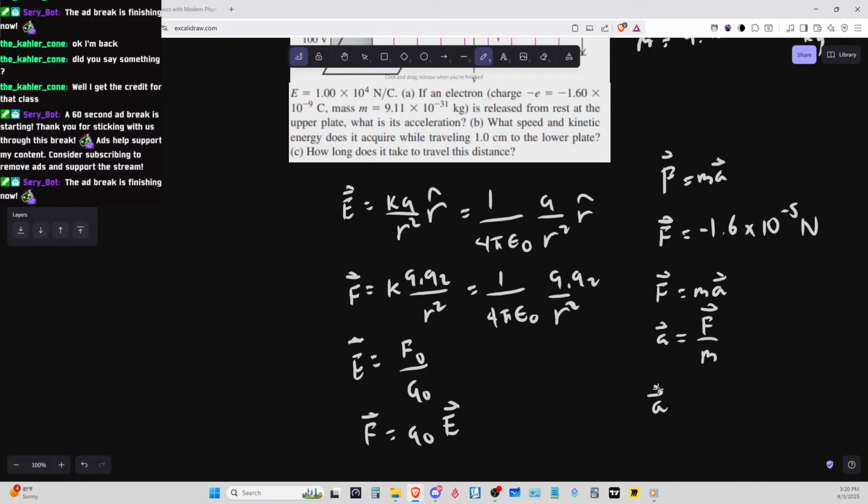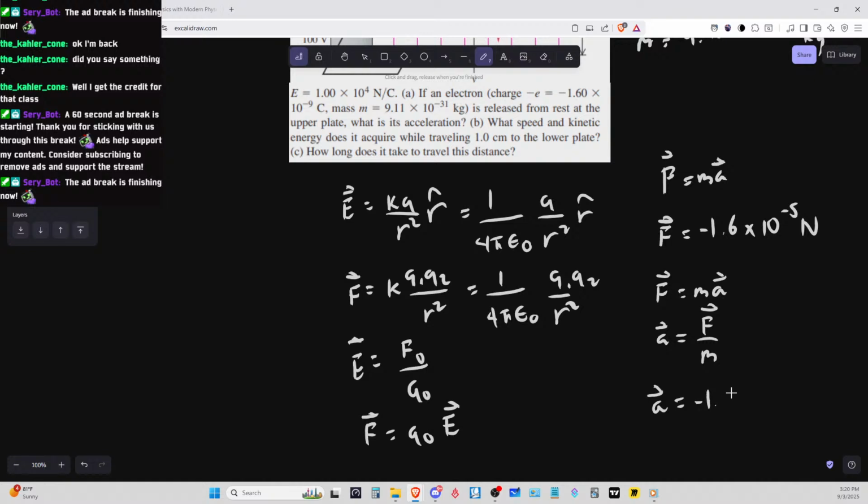Hopefully. Okay, so divide that by 9.11 times 10 to the negative 31. Oops. My calculator didn't take into account that I want to make it an exponent. Okay, here we go.